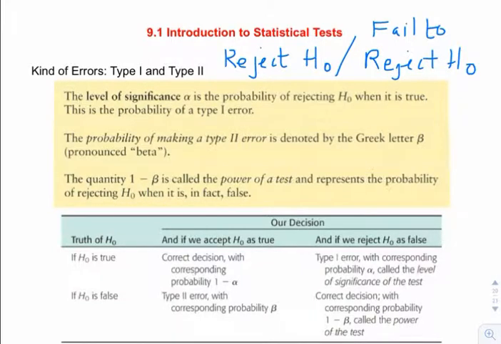So those are the two possible outcomes for a hypothesis test.